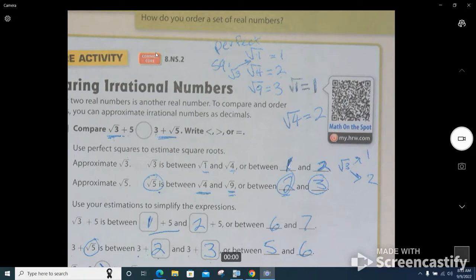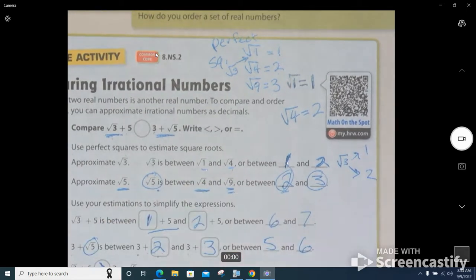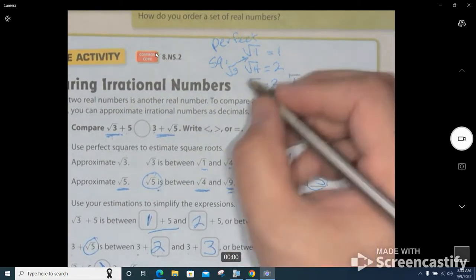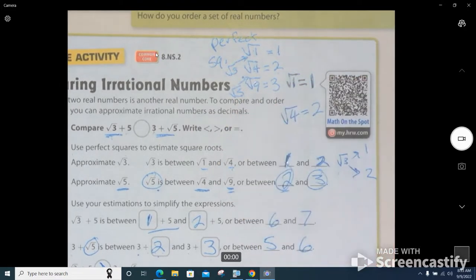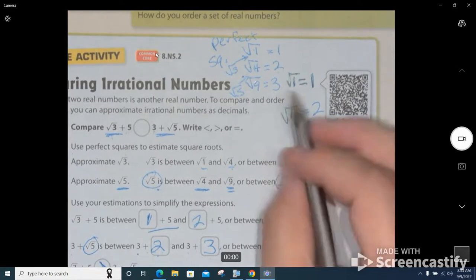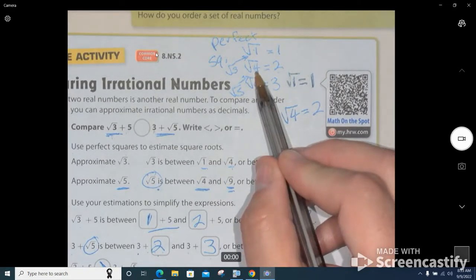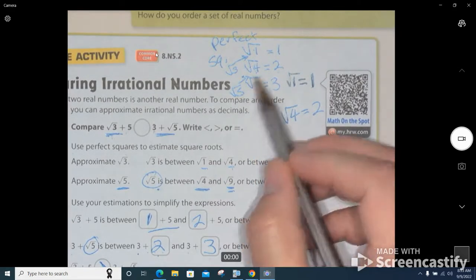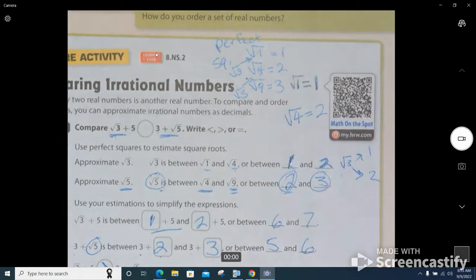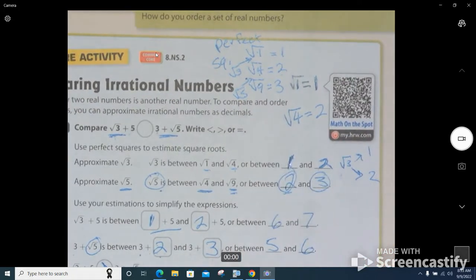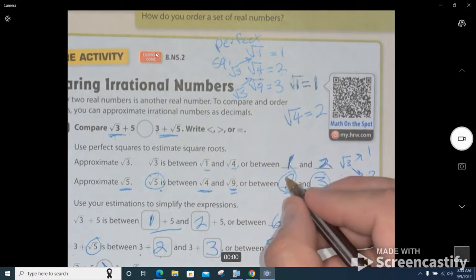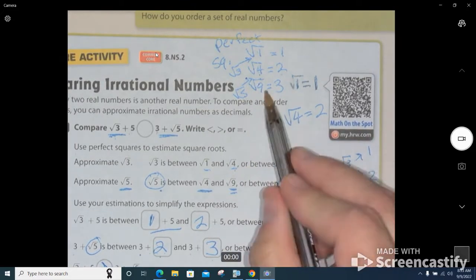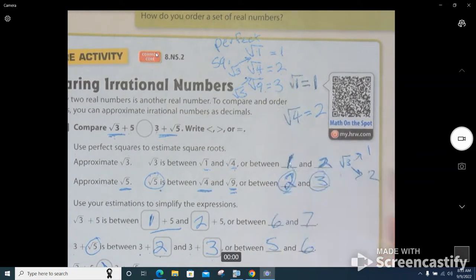Now let's approximate the square root of 5 the exact same way. The square root of 5 lives between the square root of 4 and the square root of 9, because 5 is between 4 and 9, correct? Well, the actual square root of 4 is 2. What is the square root of 9? 3.